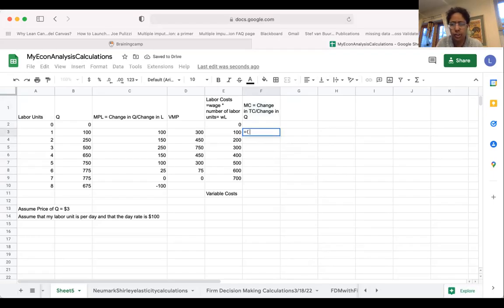I'm looking at the change, 100 minus 0, it was 0 before, and my change in Q. It's actually going to be the marginal product here because my labor units are increasing by 1. I'm going to go to the Q column and do that full calculation. And it's just 1. I want to remember to increase my decimal points here.